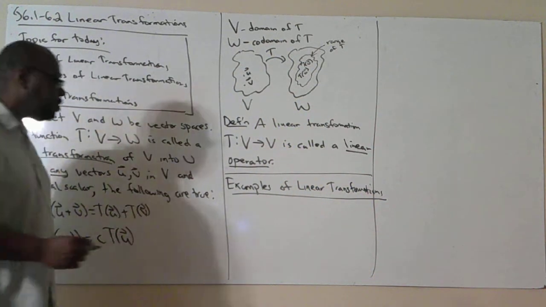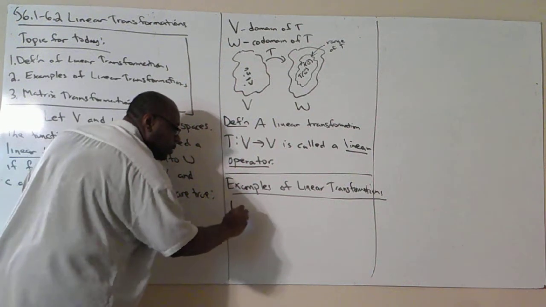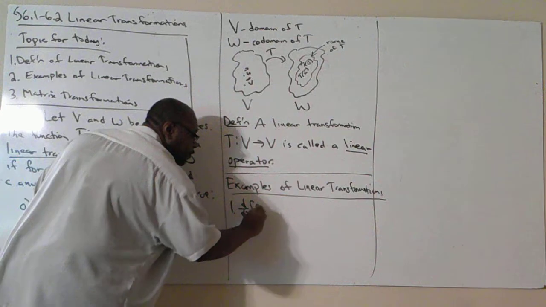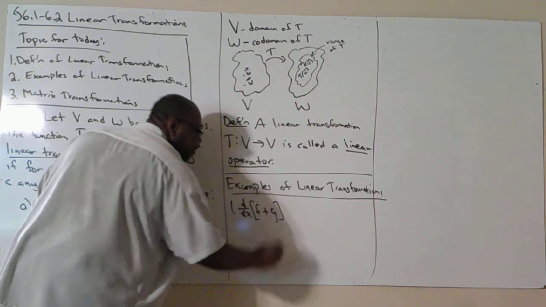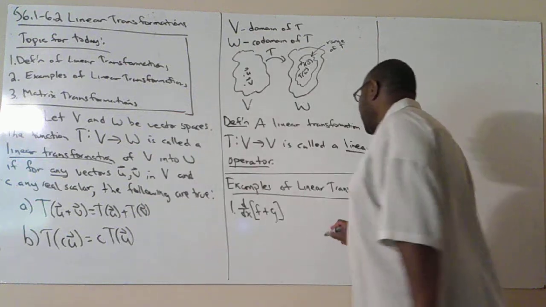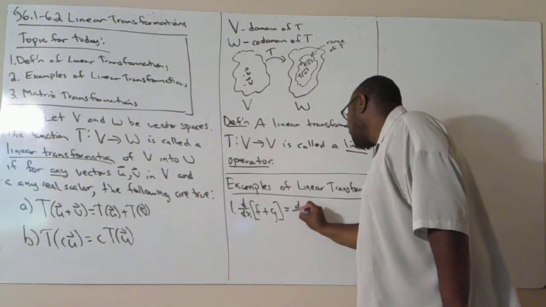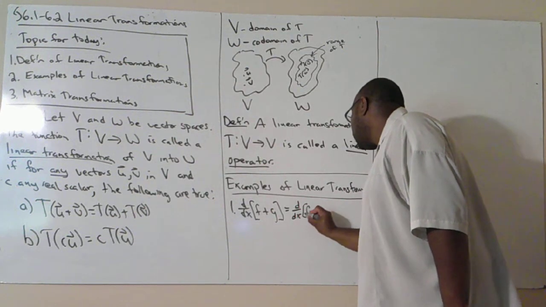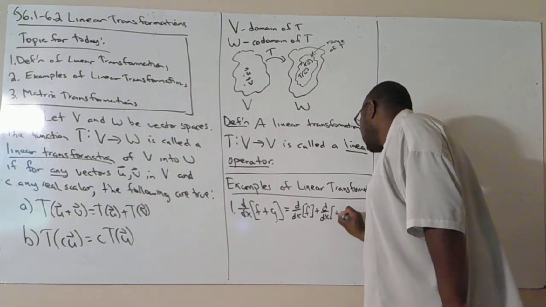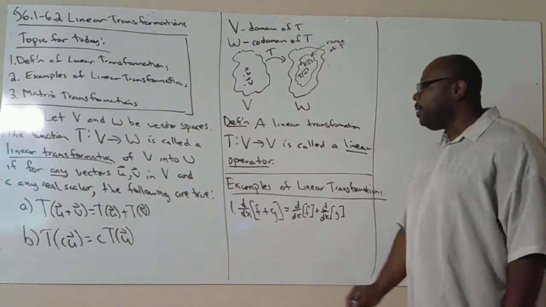We have derivatives. If I take the derivative with respect to x of f plus g, where f and g are both functions of x, that's the same thing as the derivative of f plus the derivative of g. You remember that?